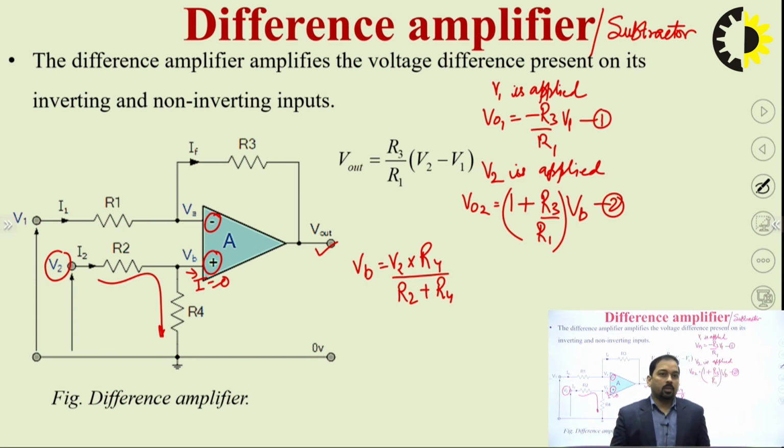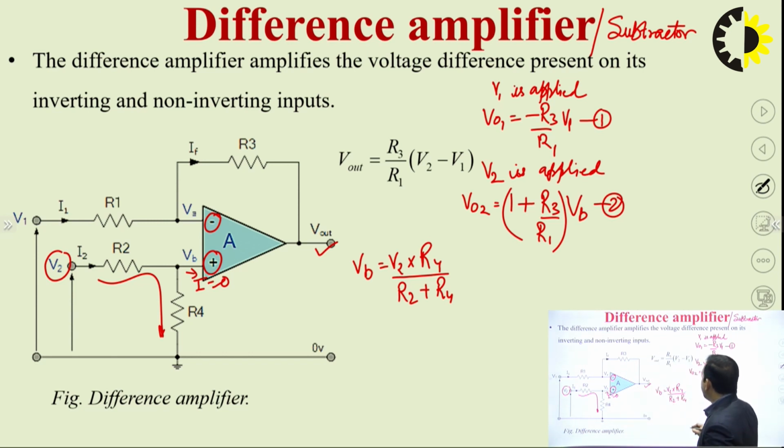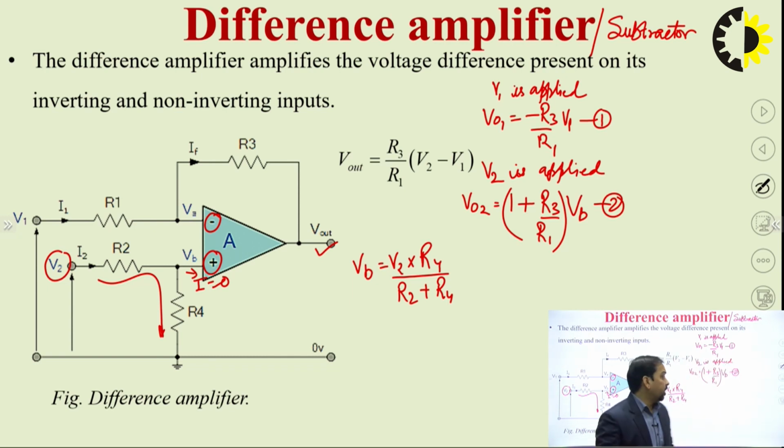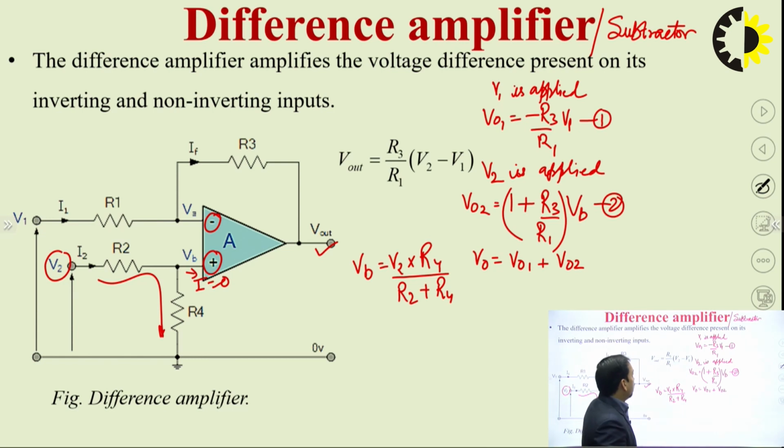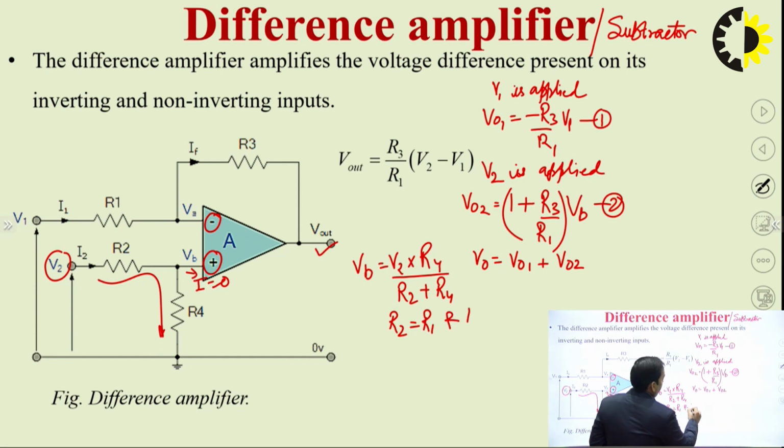We will put this value of VB in equation number 2, and the overall output V0 is the addition of V01 and V02. Further, we are fixing some parameters, like R2 equal to R1 and R4 equal to R3.